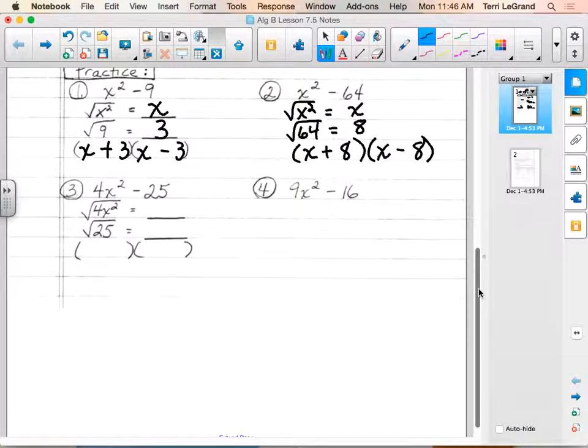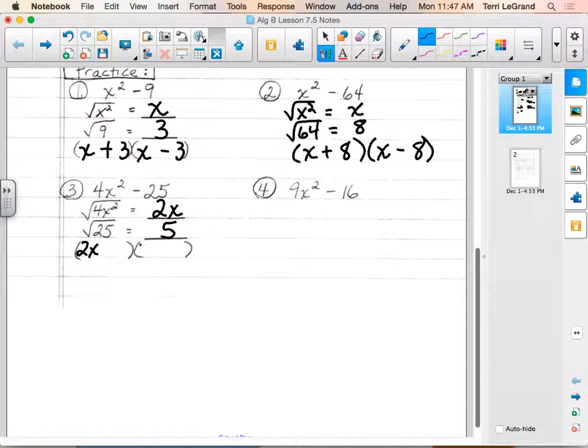Okay, here's one where a is not equal to 1, but it doesn't really make it any harder. We still do the same steps. We take the square root of the first term, which is 4x squared. What is the square root of 4x squared? 2x. We take the square root of the other term, which is 25. What's the square root of 25? 5. So both of our factors start with what? 2x.